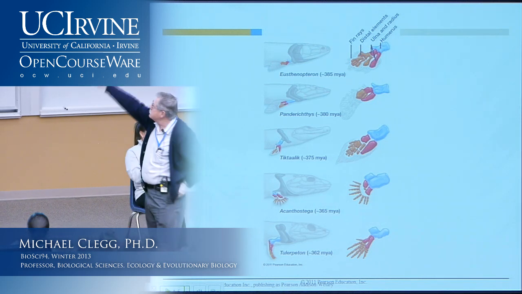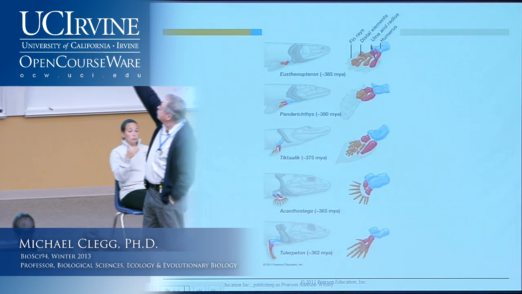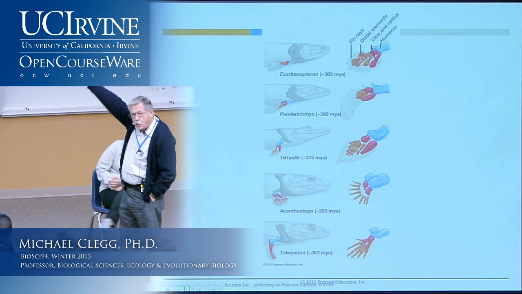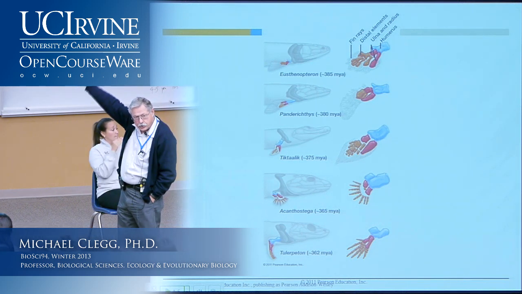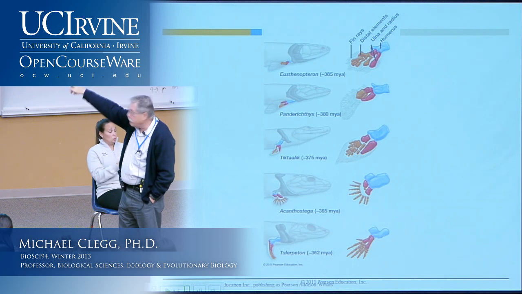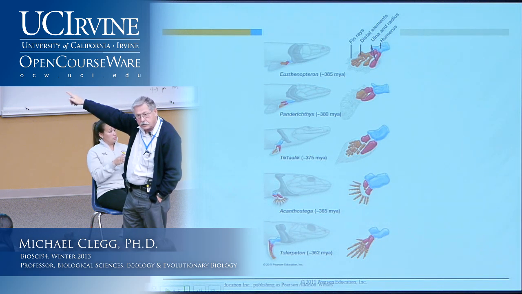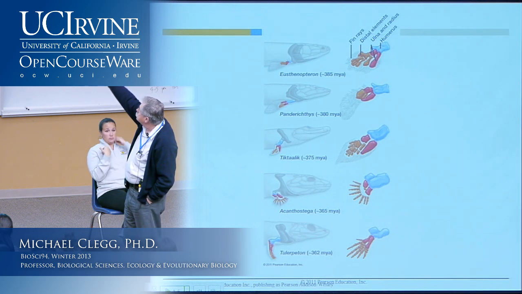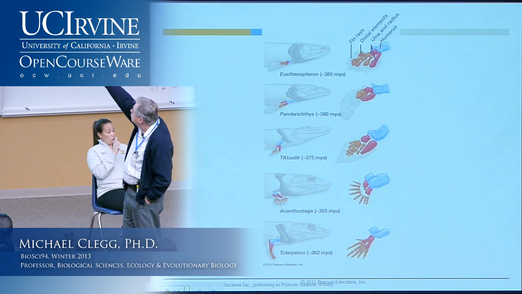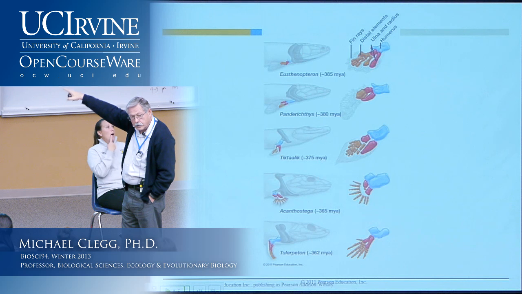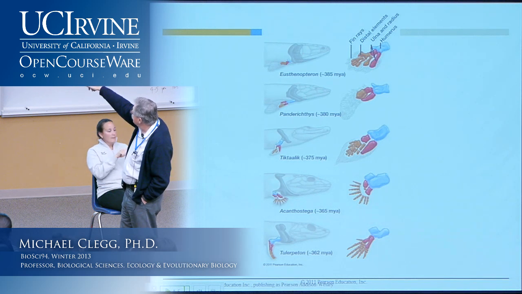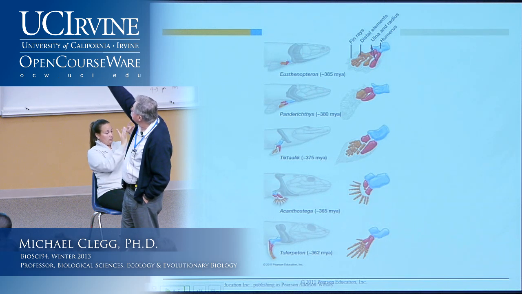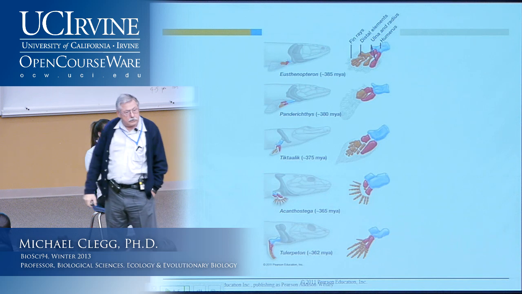So this is a series that goes from primarily aquatic lungfish to primarily terrestrial tetrapods. And this structure has evolved from a fin, finally to a leg. But you can see the homologous portions have just been modified through time.